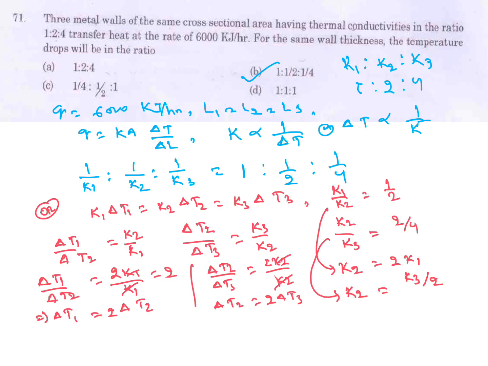Then delta T1 : delta T2 : delta T3 equal to 2 delta T2 into delta T2 into delta T3. This is a little bit lengthy, but you can get your answer.